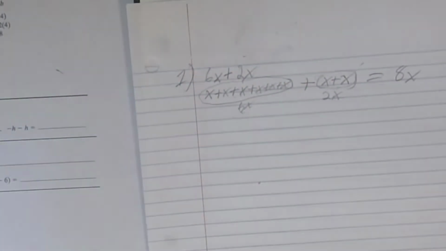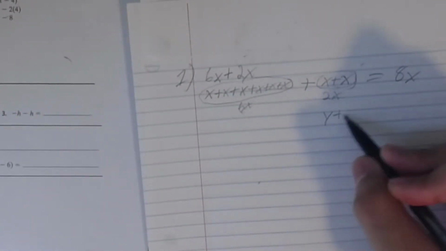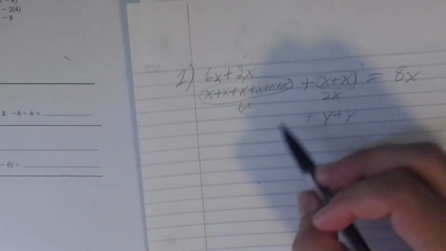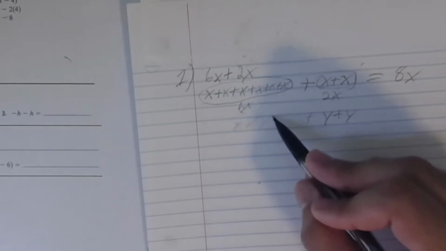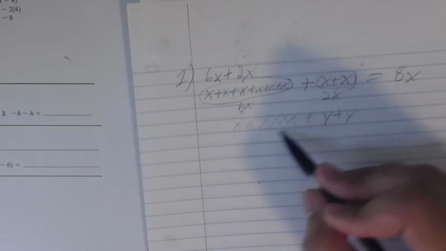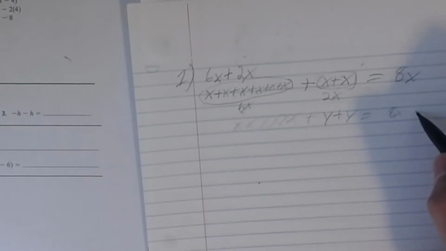But notice how these are both x's. You cannot say that this was y plus y, and then do the same thing with the 6 x's over here. You cannot do 8x, and you can't do 8y.